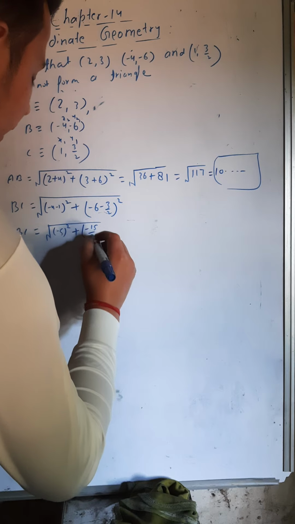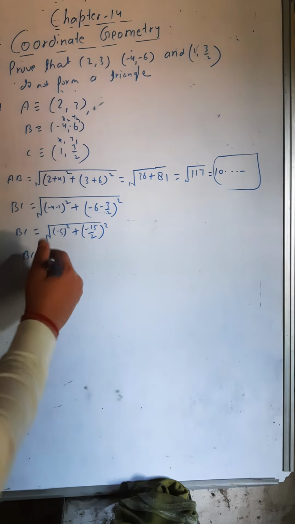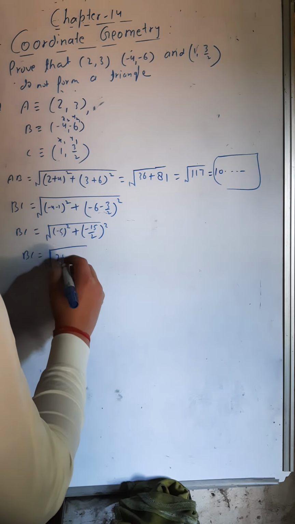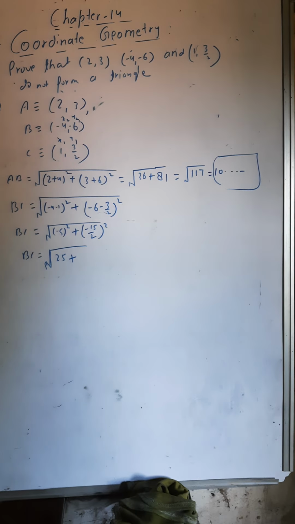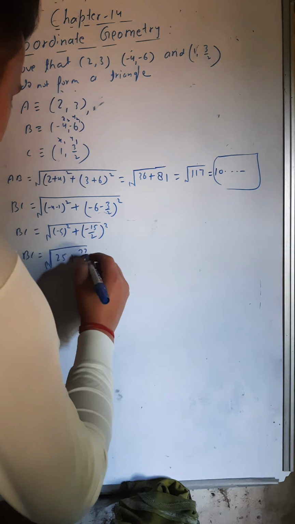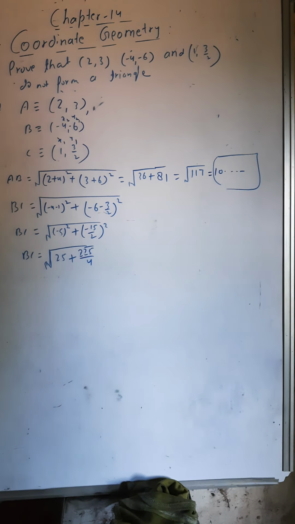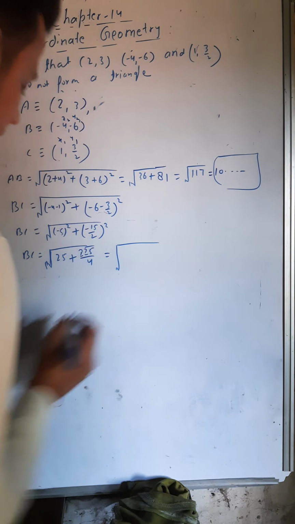It will be -15/2 whole square. So BC equals the square root of 25 plus the square of 15/2, which is 225/4. Getting this? Good.